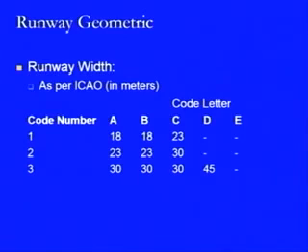For code 3, it will be 30 meters for A to C category, whereas 45 meters for D category.